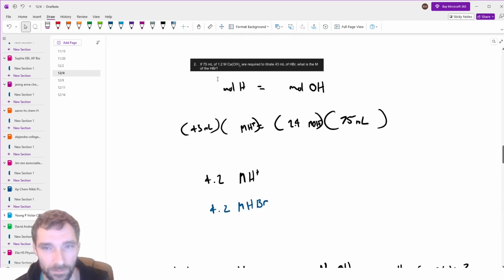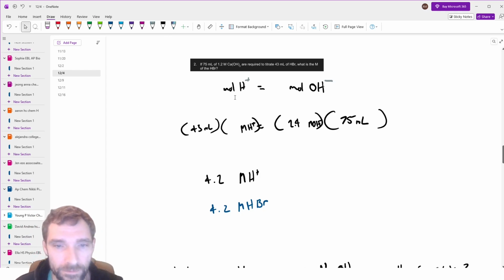We have another problem here where you've got calcium hydroxide being titrated with hydrobromic acid. The same idea holds here, where we're trying to ultimately cancel out the amount of H plus and OH minus.